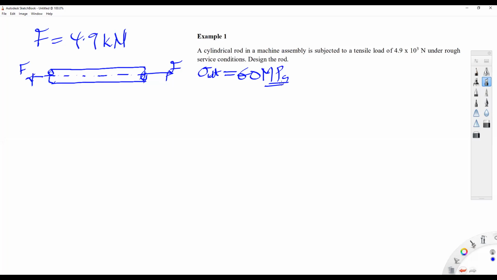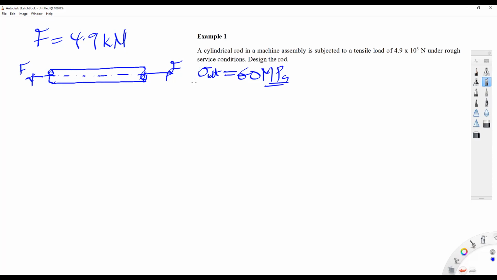And that gives room for some safe margin so that if there are loads applied to the material that are more than the design stress, we have a safe margin so the material will not fail. So in this case, if the ultimate stress in the material is 60 megapascals, we don't design with the ultimate stress. We need to design with the design stress or the allowable stress.